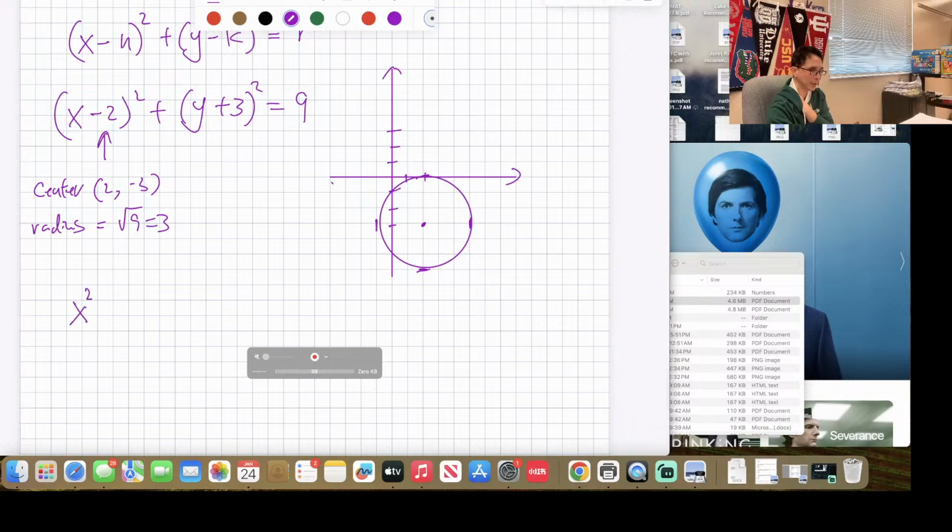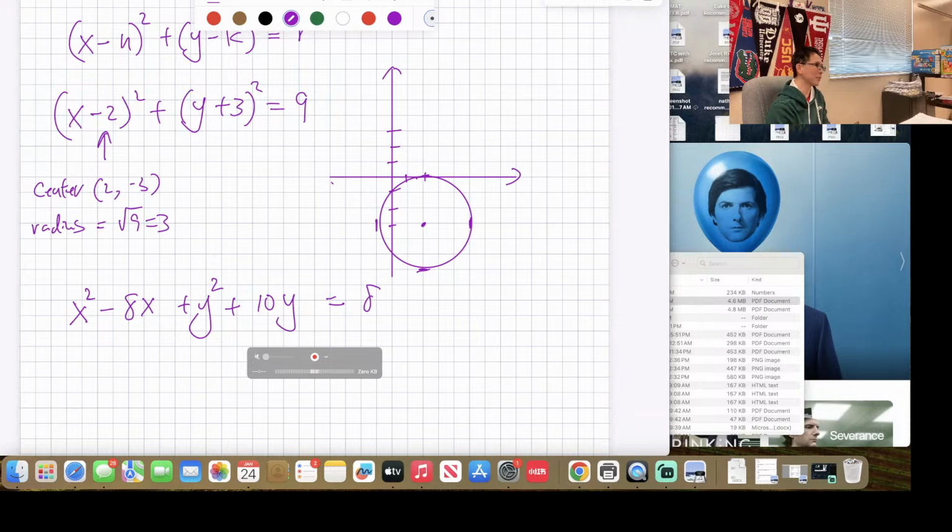It looks like this: x squared minus 8x plus y squared plus 10y is equal to 8. And they say, hey, can you find the center of the circle?